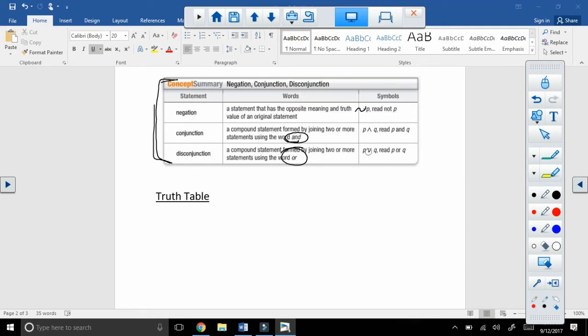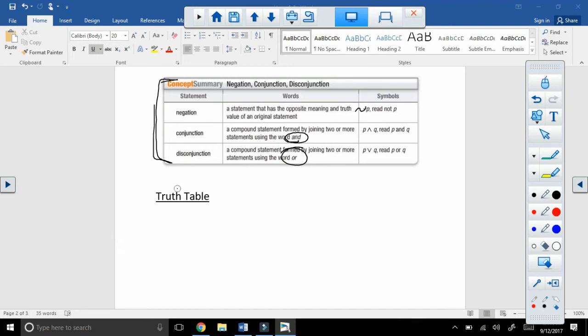It looks kind of like a V, and you read it P or Q. And what they have here is this P and Q, and those are just standing for certain statements. It could be any statement, just kind of whatever those statements are.